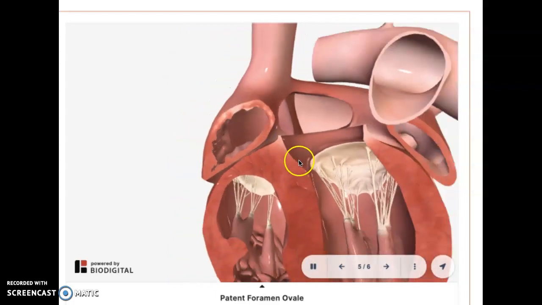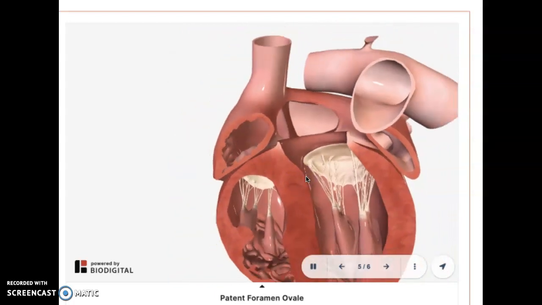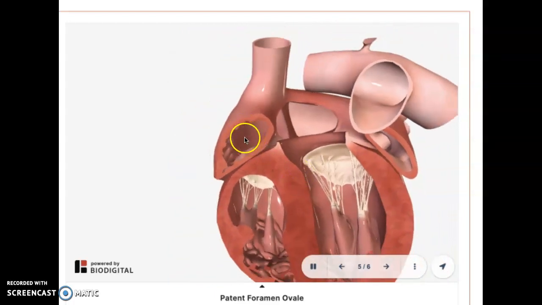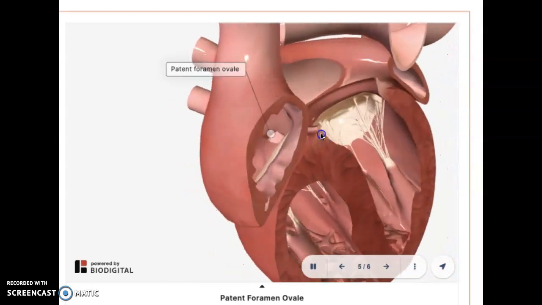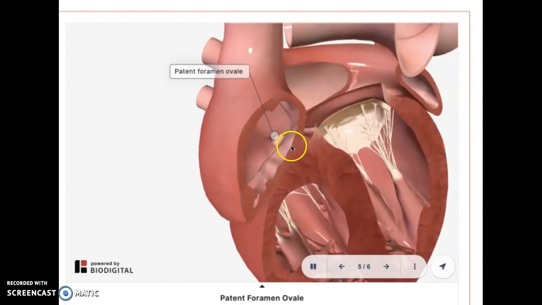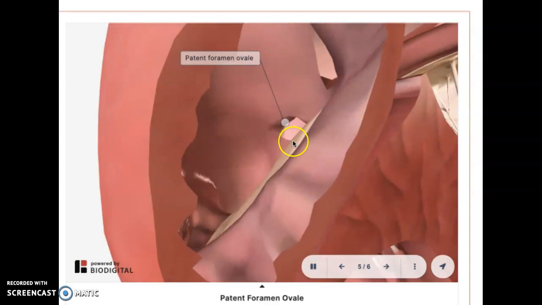It's kind of hard to see on this 3D diagram, but let's zoom back a little bit. We have the right atrium and the left atrium, and the two atriums are separated by the septum, the wall. However, in patent foramen ovale, there is a small hole present between the two chambers.